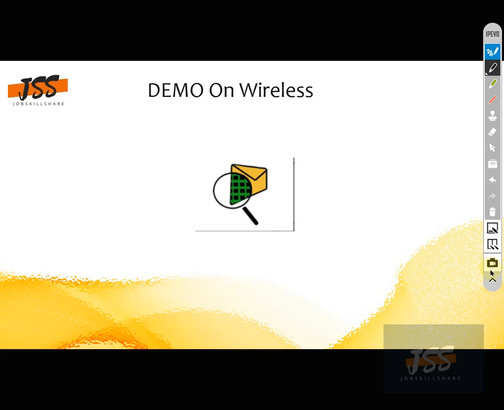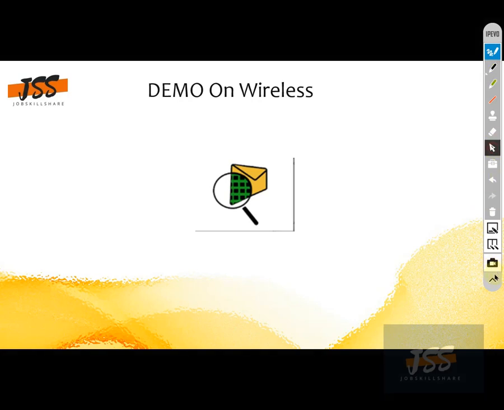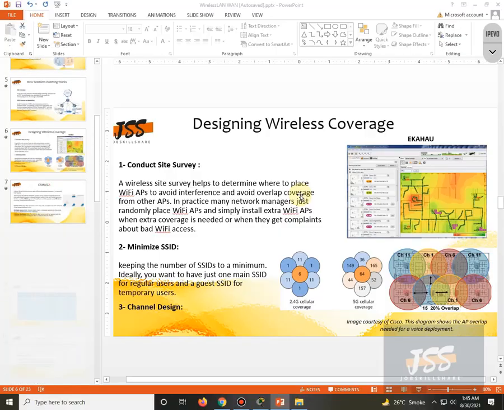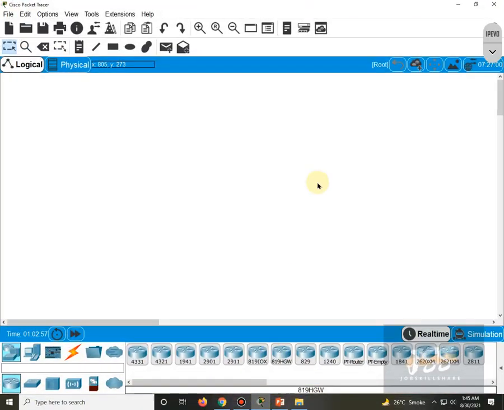So let's very quickly jump onto the lab, and we will do the Cisco Packet Tracer lab. So we are here, and at this time you might be a little familiar with Cisco Packet Tracer, because I have already gone through many examples. So in this lab we're going to do a lab on wireless.